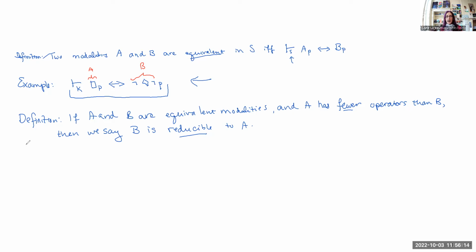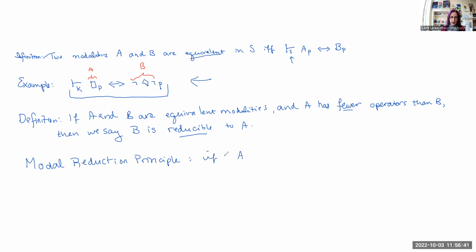And more importantly, if we have one of these equivalencies where one of the two is reducible to the other, then we call that equivalence a modal reduction principle in the particular system that the equivalence holds in. So a modal reduction principle is just the statement of an equivalence.